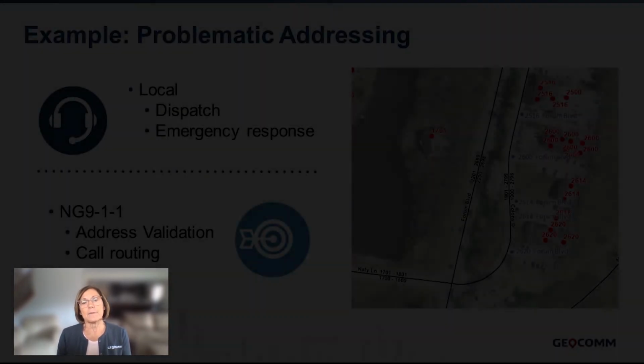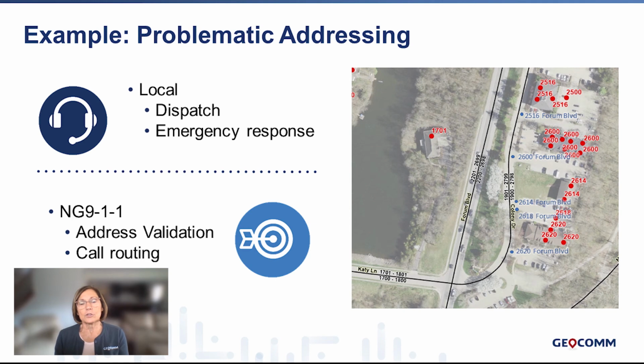In this particular example, we have address structures, or structures that were addressed off of Forum Boulevard. But later an access road was built, and that was given the name Colony Drive. However, the addresses of the structures off of Colony Drive were not readdressed. So if we geocode those addresses utilizing the road centerline file, we are going to show access off of Forum Boulevard.